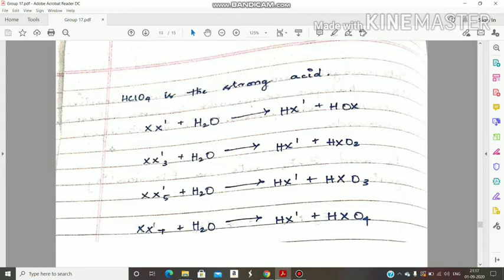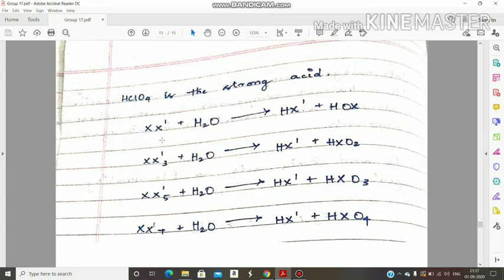Next, see, this is one more important point. When an interhalogen of the type XX' reacts with water, then it forms HX' and HOX compound. HOX means hypohalous acid. When XX'3 type interhalogen reacts with water, then also we get hydrogen halides, but along with them we get halous acids.